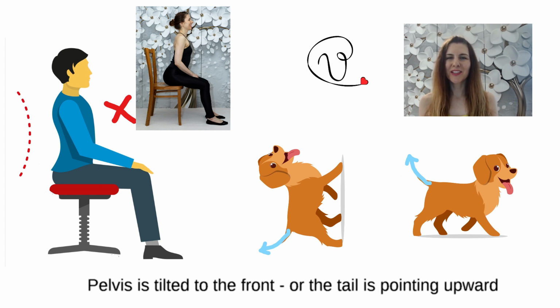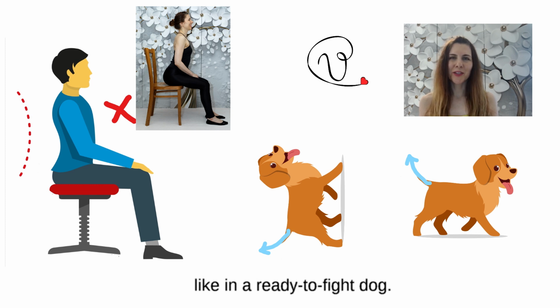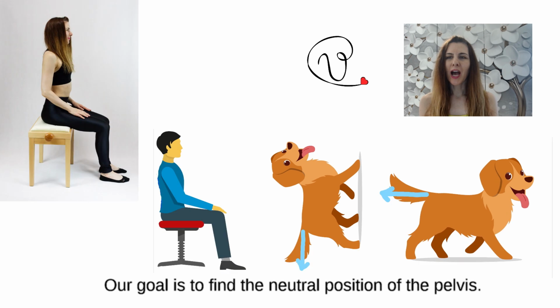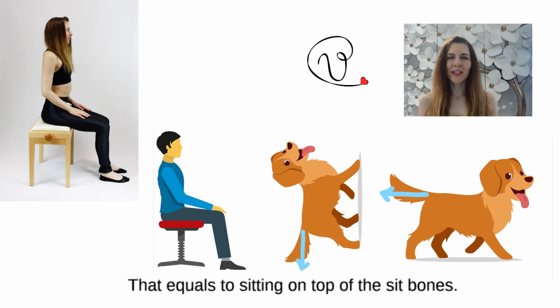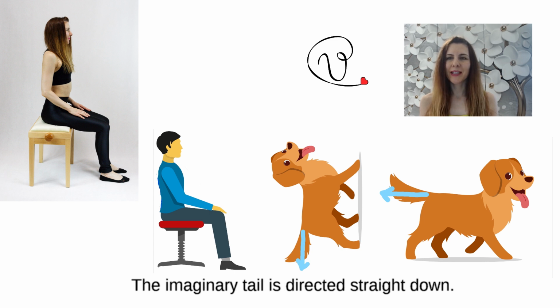Pelvis is tilted to the front, or the tail is pointing upward like in a ready-to-fight dog. Our goal is to find the neutral position of the pelvis. That equals to sitting on top of the sit bones. The imaginary tail is directed straight down.